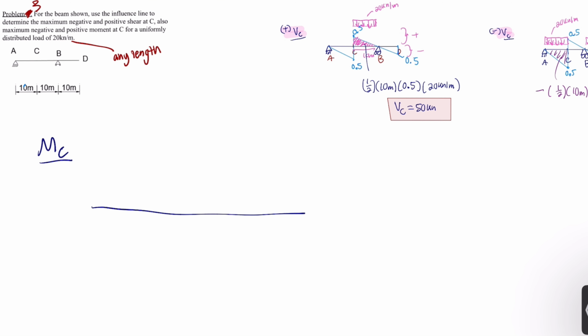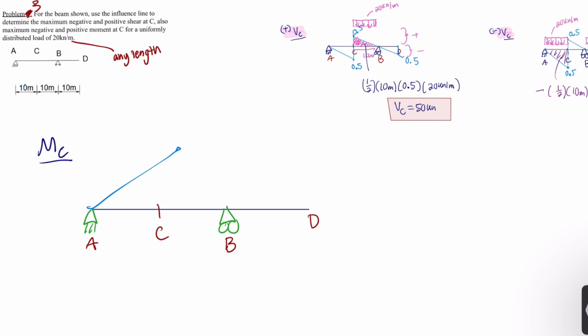So as always, we start off by drawing the influence line for the moment at C. So we have to draw the diagram first. And we label this part A, B, C, and D. And we draw the influence line for the moment at C, which will look something like this.